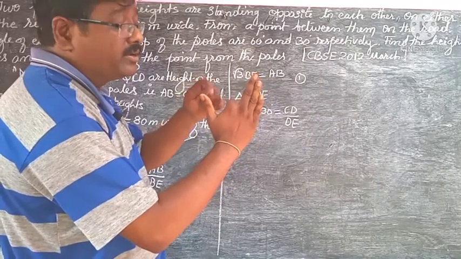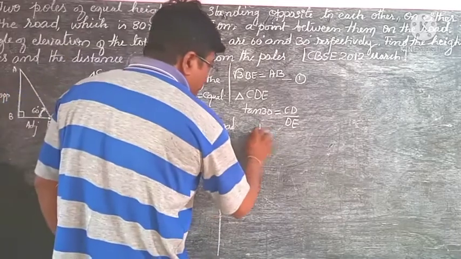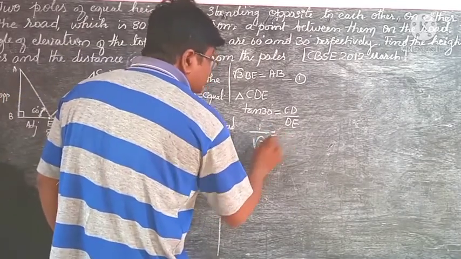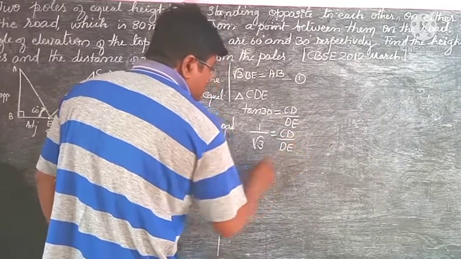Sine means root 1 divided by root 3, so 1 by root 3 equals CD divided by DE. We don't know the lengths of CD as well as DE.